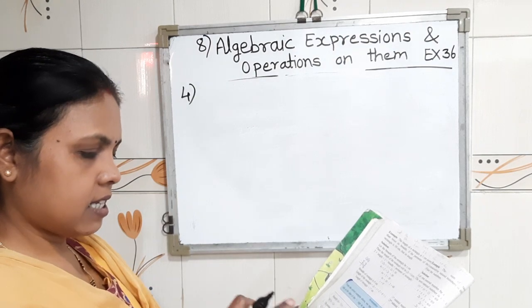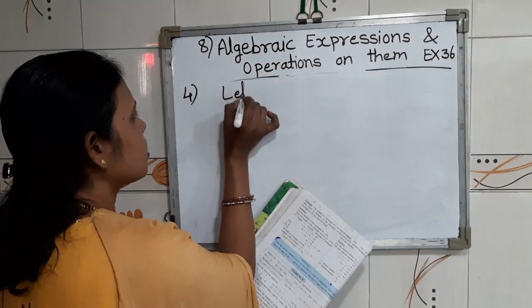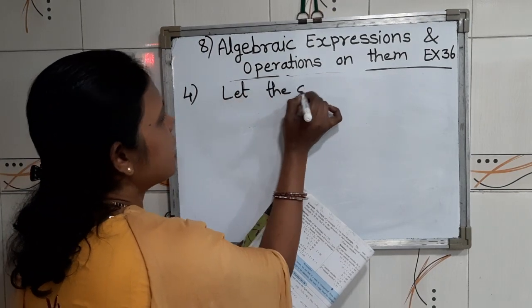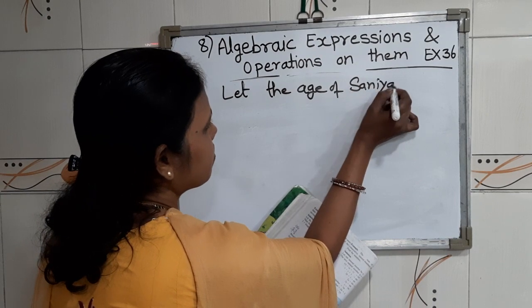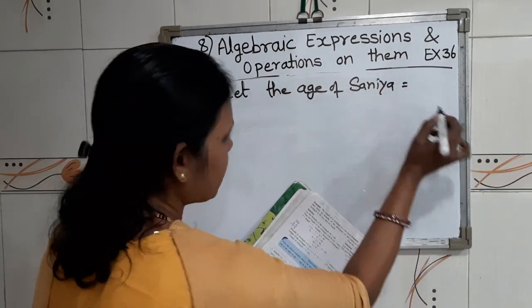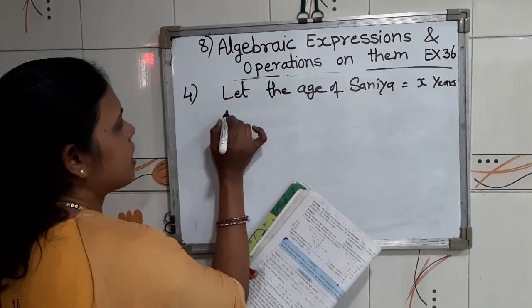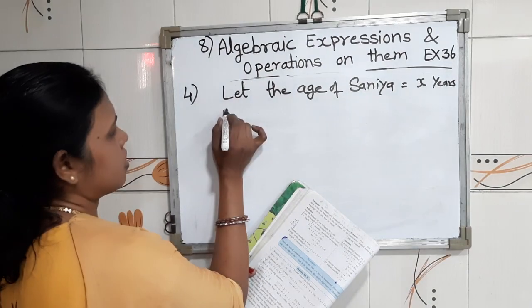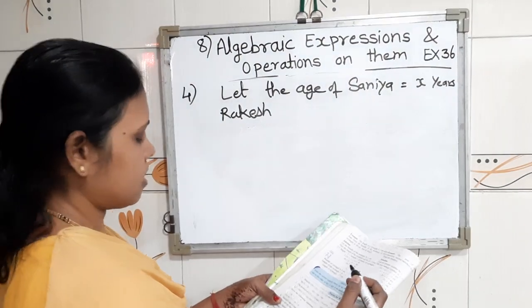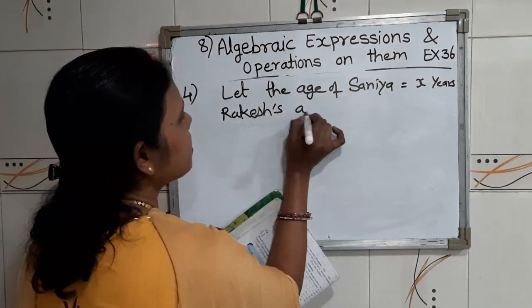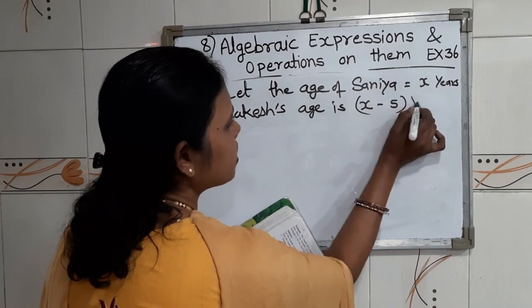Rakesh's age is less than Sania's age by 5 years. Write down, let the age of Sania equal to x years. Otherwise write down Rakesh's age is x minus 5 years.